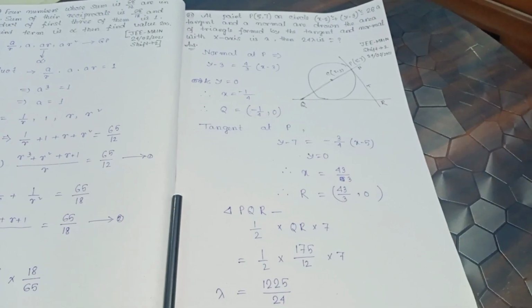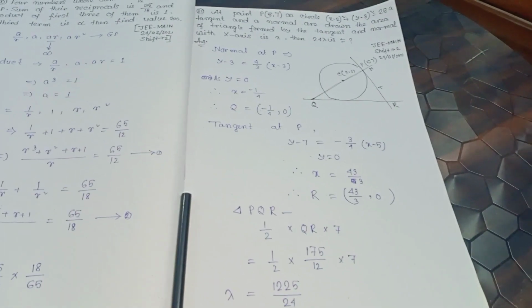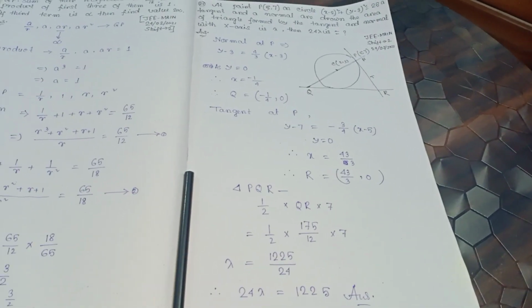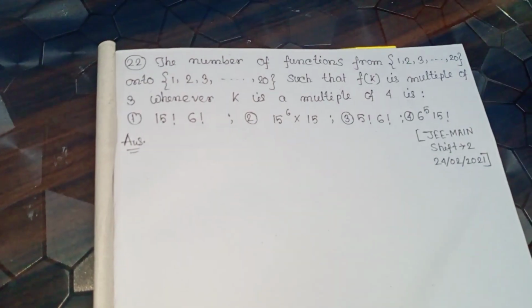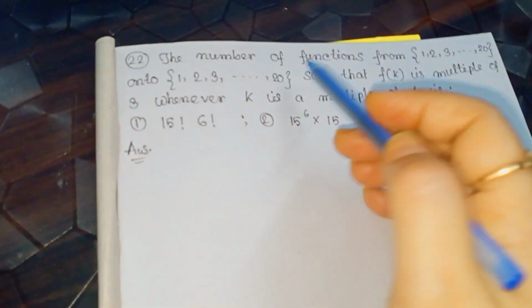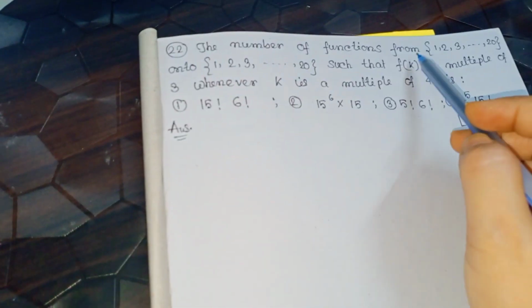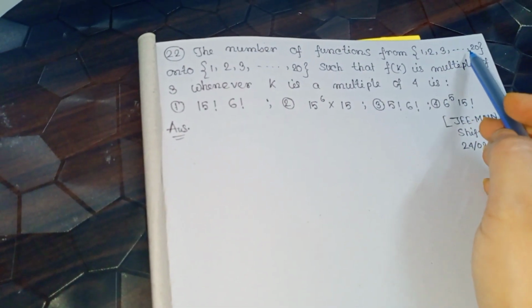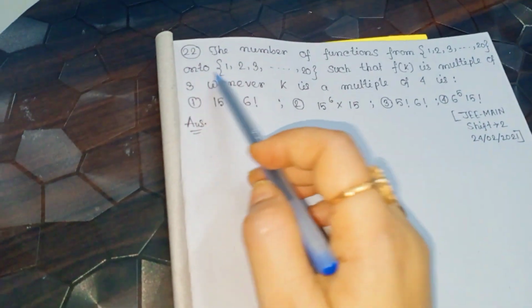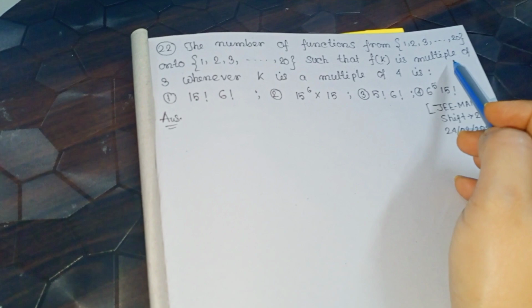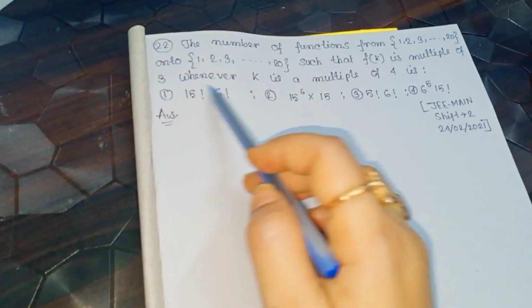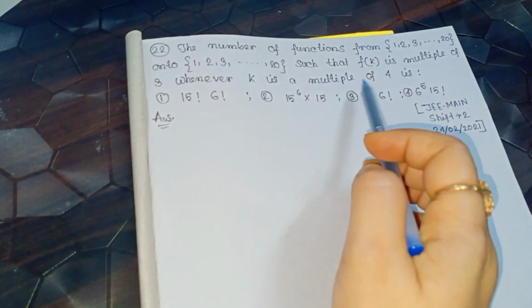This is the whole solution of question 21. Now moving to question 22. Question 22 says: the number of functions from 1, 2, 3, ..., 20 onto 1, 2, 3, ..., 20 such that f(k) is a multiple of 3 whenever k is a multiple of 4.